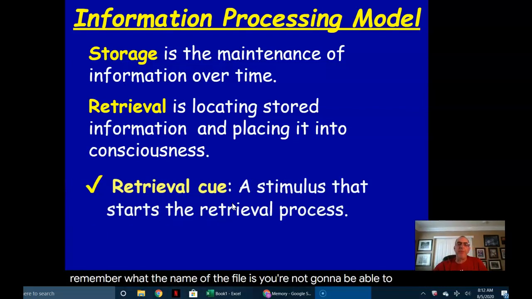Any stimulus can act as a retrieval cue, and this will initiate the retrieval process. For example, if I go to the beach and smell the ocean air, that scent can bring back a memory of when I was a child and went to the beach with my grandparents.